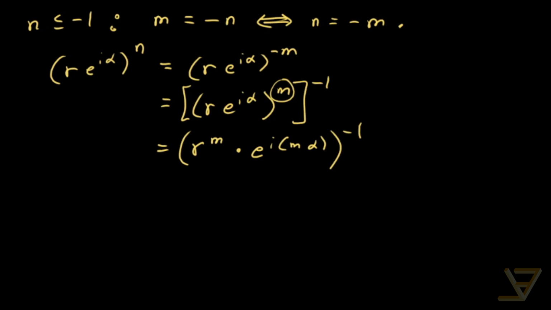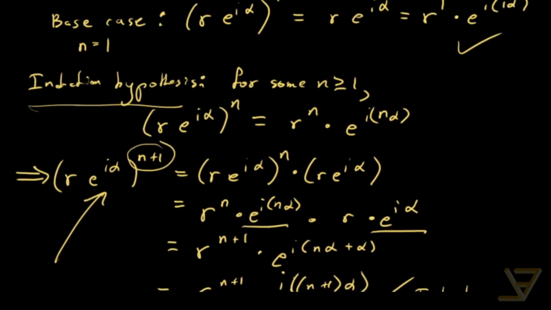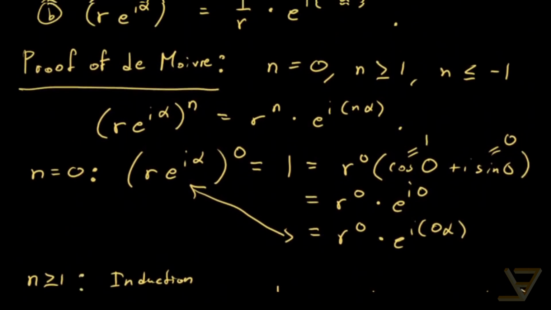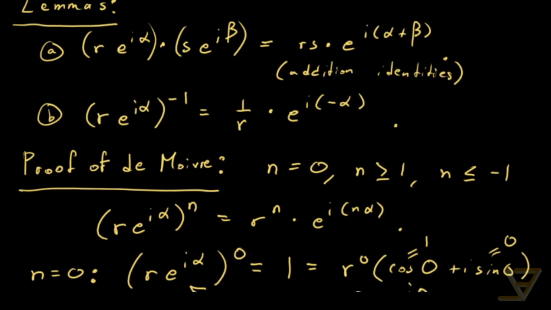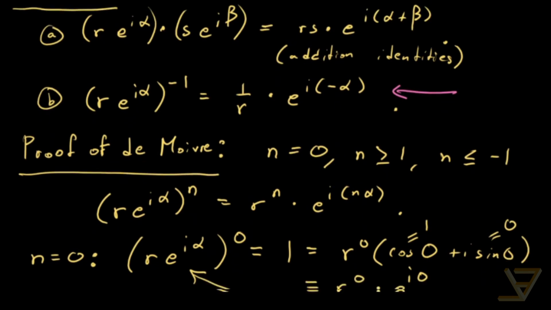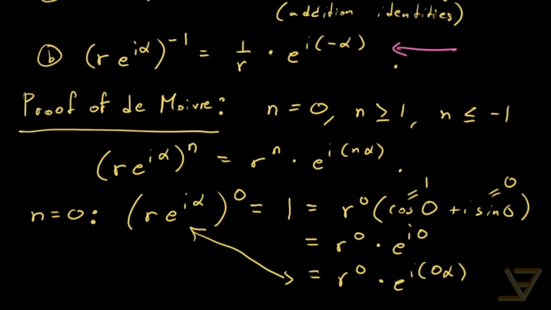And now recall what we stated before, our second lemma. We're going to use that. So we're going to take the reciprocal of the magnitude part and take the negative of the exponent part.